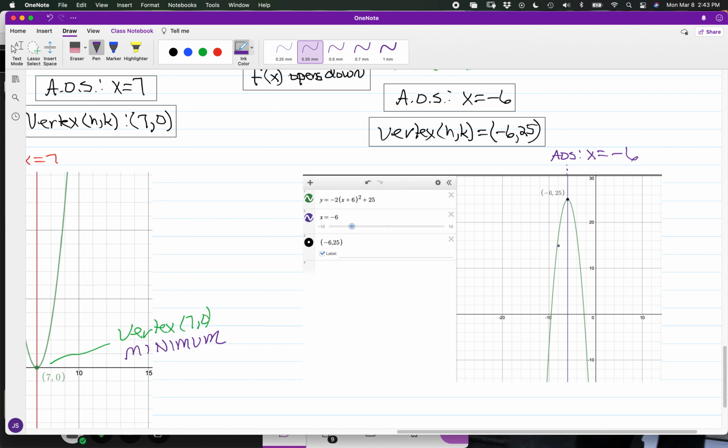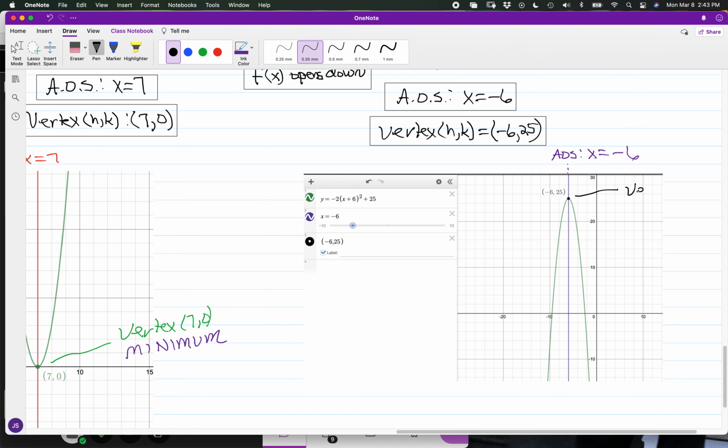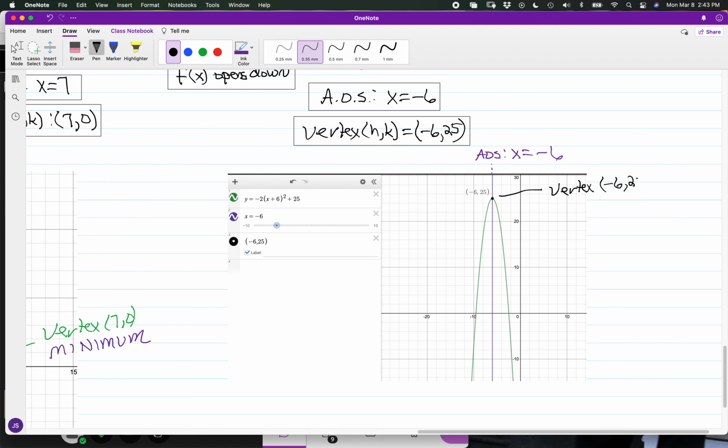The graph is opening downward, and the vertex is going to be, in this situation, the quadratic function's maximum. So the maximum value would be at y is equal to 25 whenever x is equal to negative 6. So the vertex is a maximum.